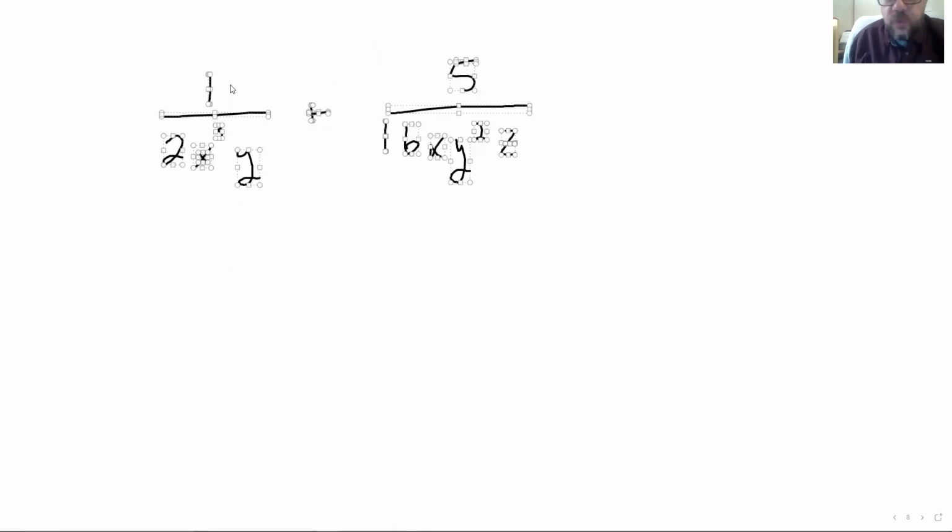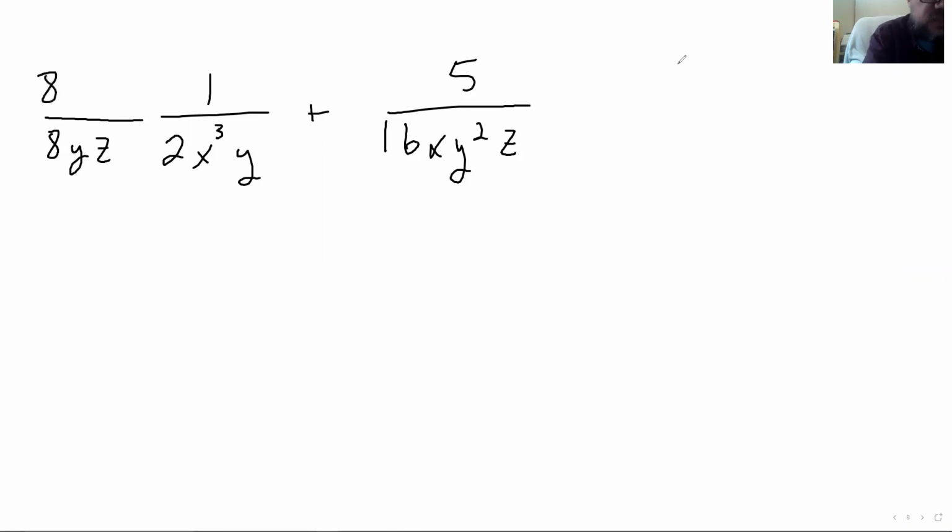Okay, great. So what I'm going to do is multiply by whatever I'm missing. In the first case, that was 3 2's, which is 8. I have all the x's. I'm missing a y, and I'm missing a z. I have to multiply the numerator by the same thing, otherwise it changes the value, of course.